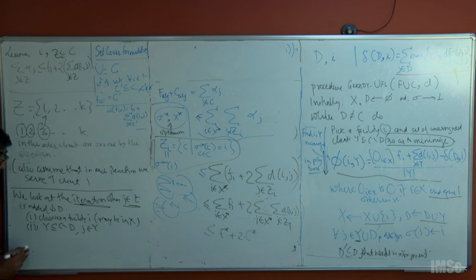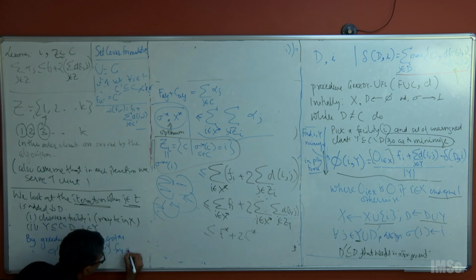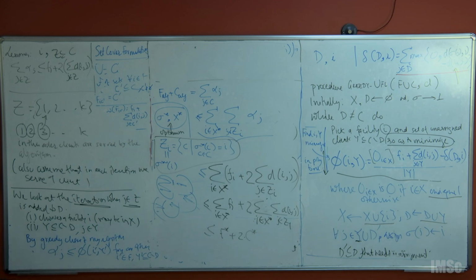So by the greediness of the algorithm, what can we say? By greedy choice of my algorithm, alpha j is less than or equal to phi(i', Y') for any other facility i' and any Y' subset of C minus D. Why?